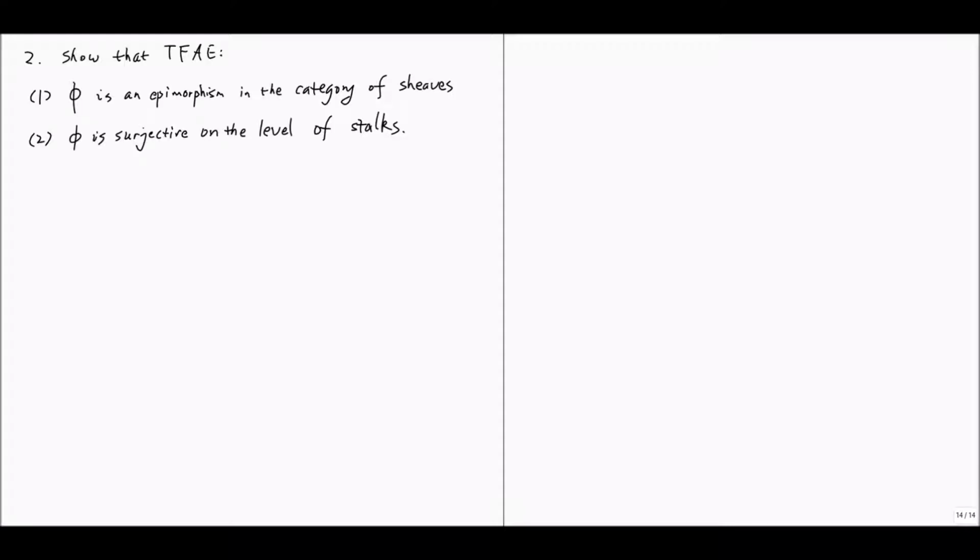So phi is an epimorphism in the category of sheaves is equivalent to saying that it is surjective on the level of stalks. The relatively easier direction is from 2 to 1. Suppose we have a sheaf morphism phi from the sheaf F to sheaf G and two sheaf morphisms psi 1, psi 2 from G to H, such that psi 1 precomposed with phi is equal to psi 2 precomposed with phi.